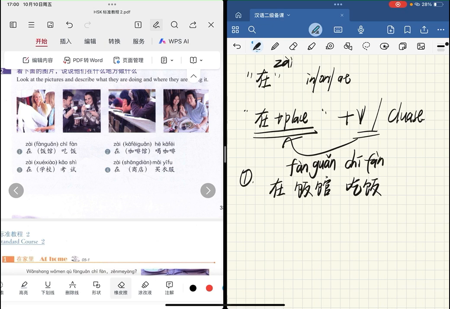So eat at the restaurant. 在饭馆吃饭. We put this phrase before the verb. So which picture can we choose? Yes, we can choose this one, the fourth picture. They're eating at a restaurant. 他们在饭馆吃饭. Let's see the second.